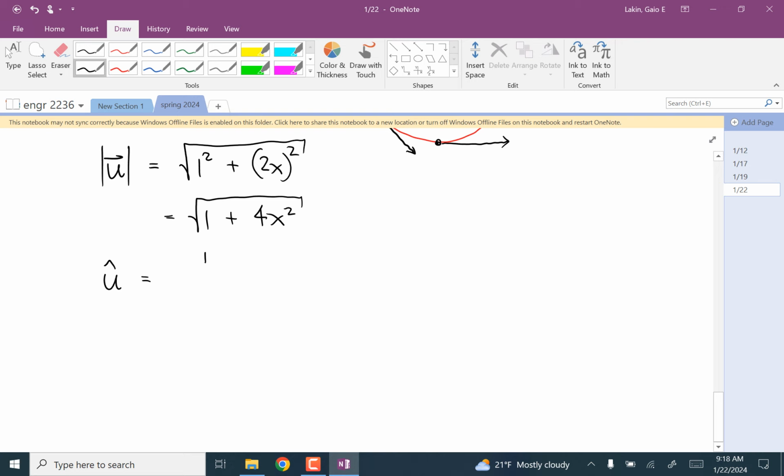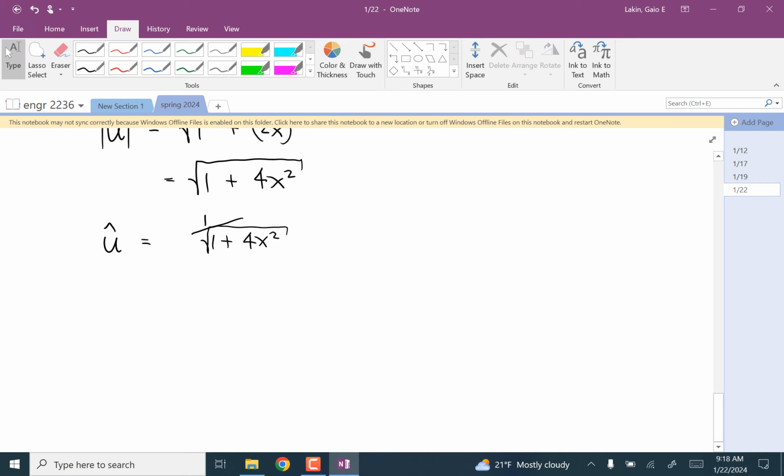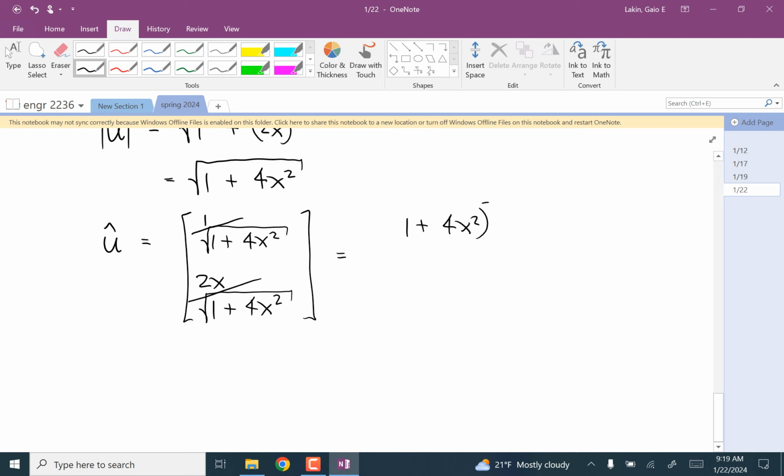So we have 1 over the square root of 1 plus 4x squared. And then for the y component, 2x over the square root of 1 plus 4x squared. You could also write this as 1 plus 4x squared to the negative 1/2 and 2x times 1 plus 4x squared to the negative 1/2.